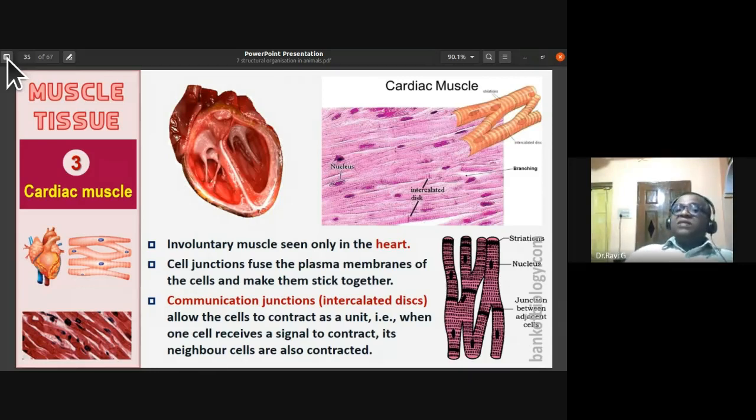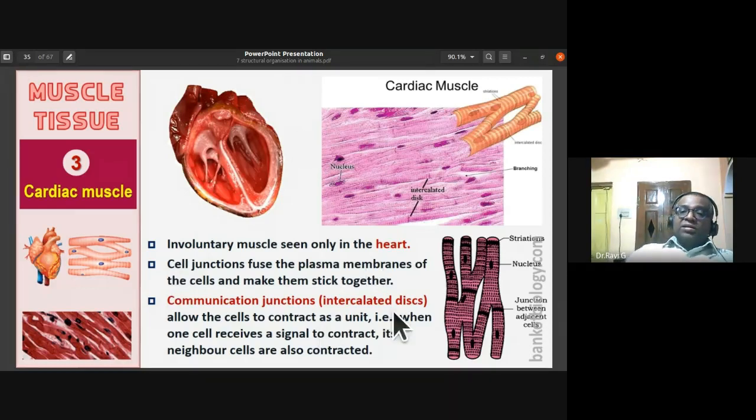The initiation of the origin and conduction of impulses is by muscles. It is not a neurogenic heart as in the case of king crab, where the nervous system controls the heartbeat. Here the muscular system determines the heartbeat, so the human heart is myogenic in nature.